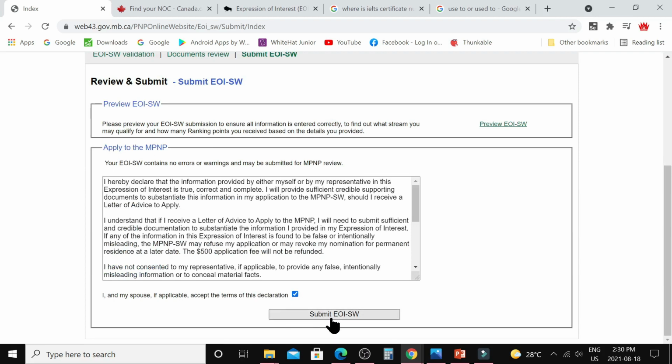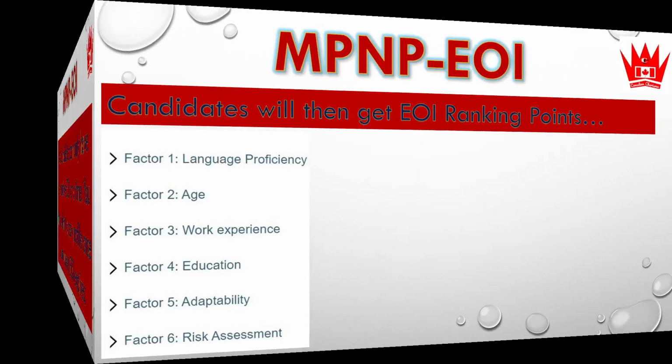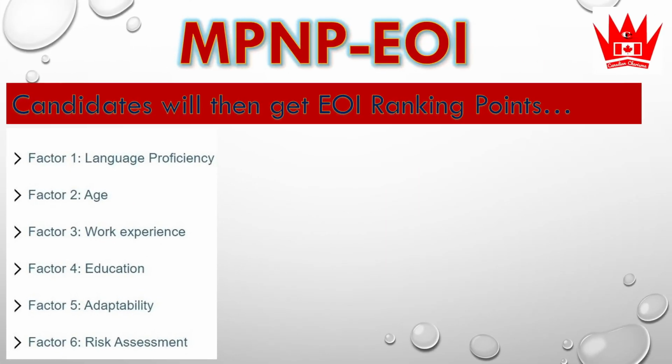For skilled workers, a candidate can only have one active EOI at a time. You may submit a new profile once your current EOI expires. Once you submit your expression of interest, candidates will then get EOI ranking points based on 6 factors: language proficiency, age, work experience, education, adaptability, and risk assessment.